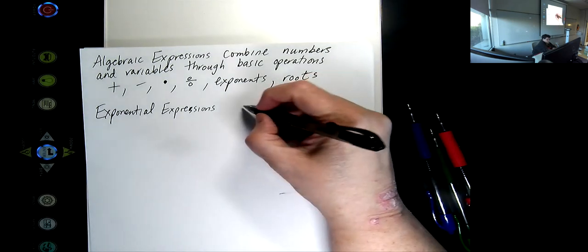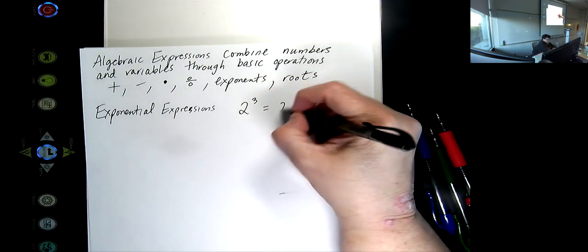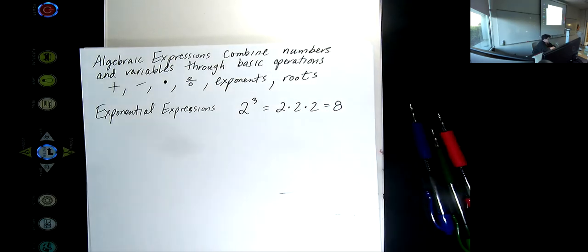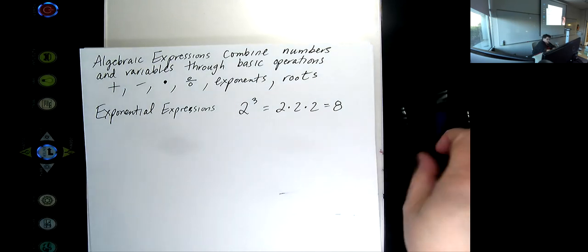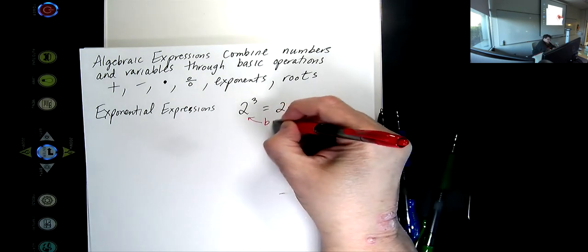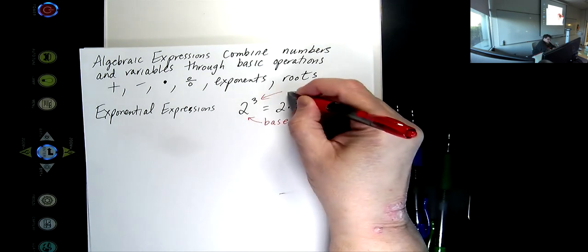Like 2 cubed is 2 times 2 times 2, which is 8. The number on bottom is called the base. The number on top is called the exponent.